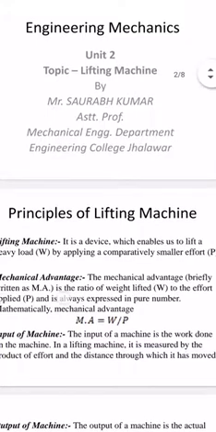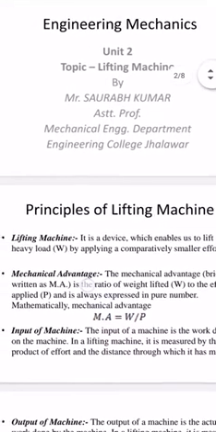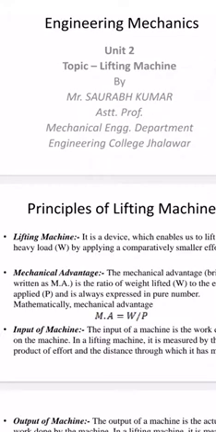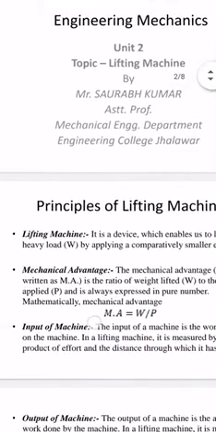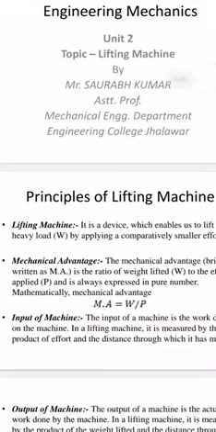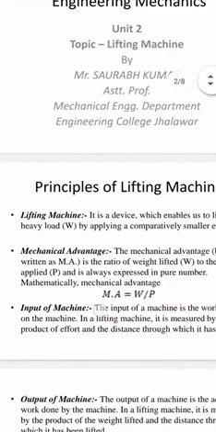In this lifting machine we have to understand the terms we use to understand the whole concept. The first term is mechanical advantage, also written as MA. It is the ratio of weight lifted to the effort applied.